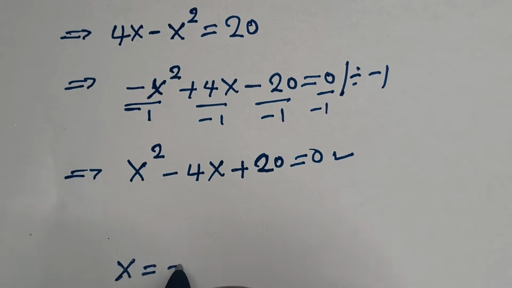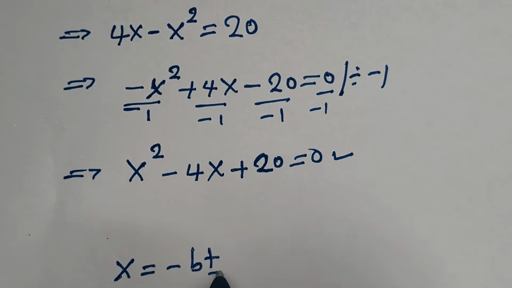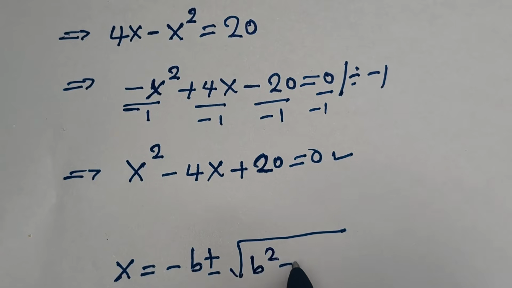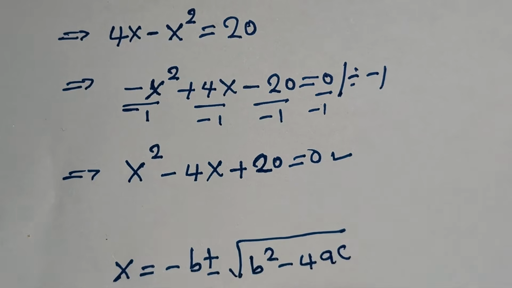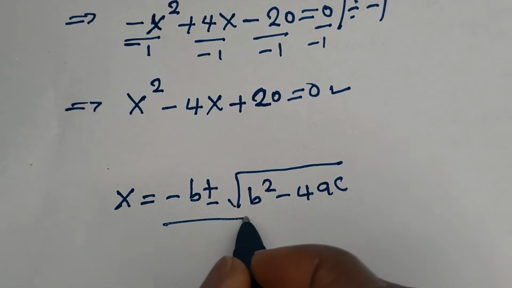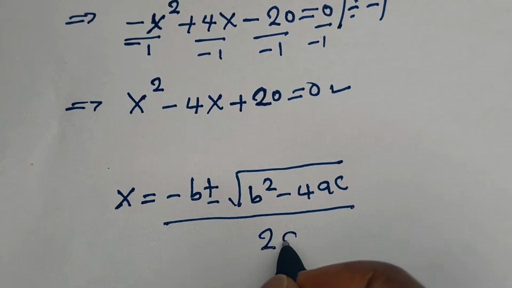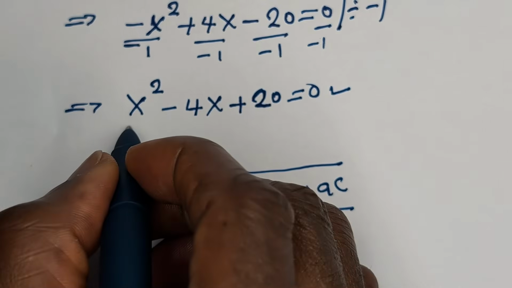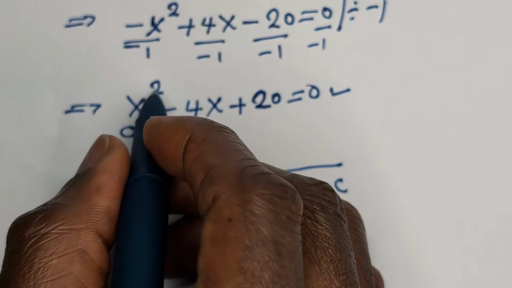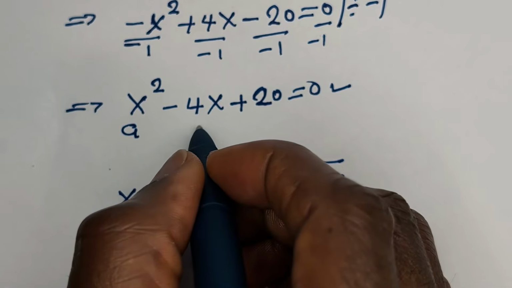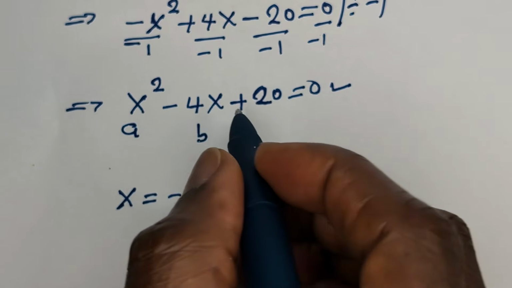s is equal to minus b plus or minus square root of b squared minus 4ac over 2a. And from this equation, this is a, which is the coefficient of s squared. Then this is b, which is the coefficient of s.